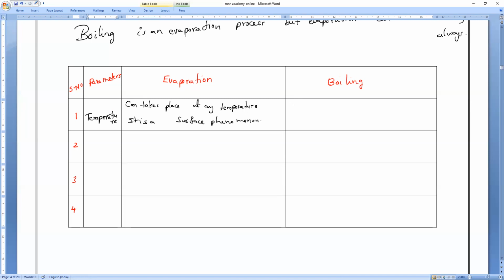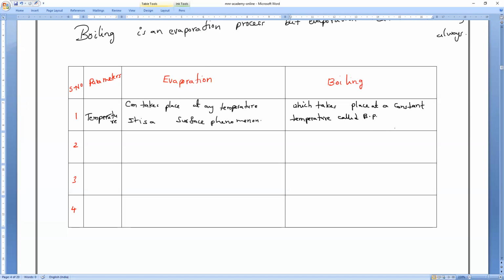That point is called what? Boiling point. It takes place at a constant temperature, and that constant temperature we call the boiling point, BP.